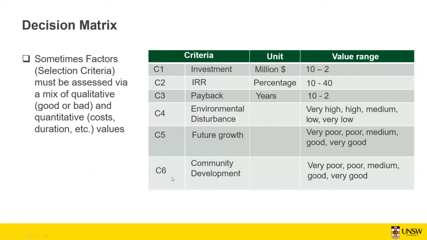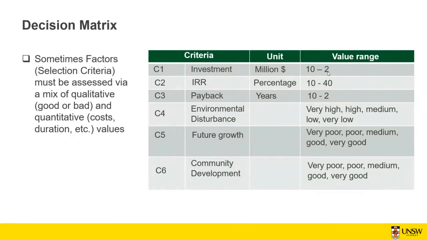So here as an example, you can see we've got 6 criteria. So it's investment, internal rate of return, payback period, environmental disturbance, future growth, and community development. So for the investment, as you can see, it's 10 to 2. And the reason is the 2 is your best number. So it's the preferred number. So it comes to the end.